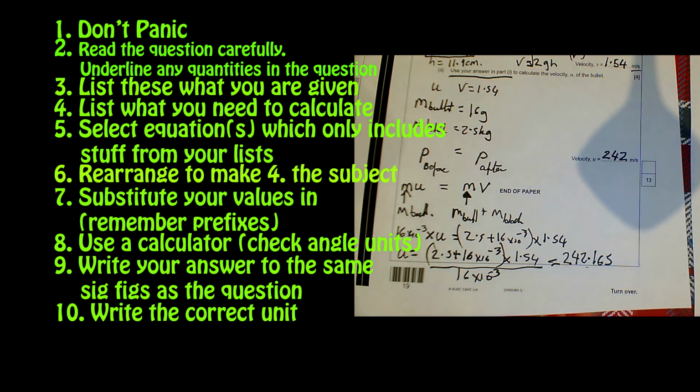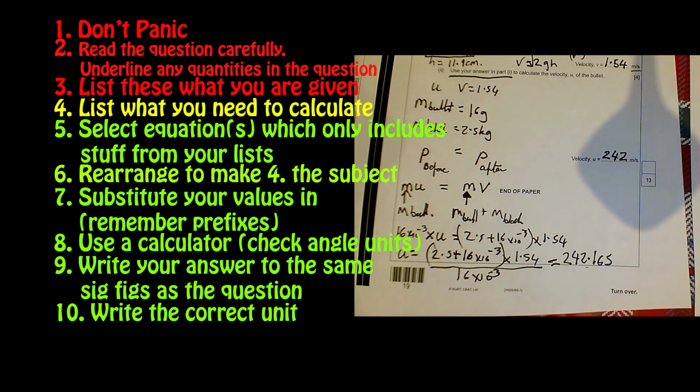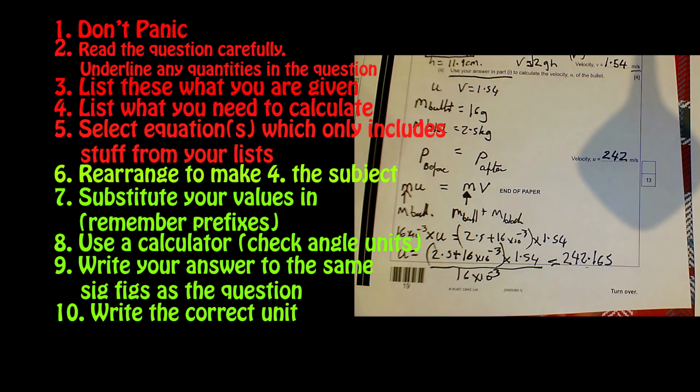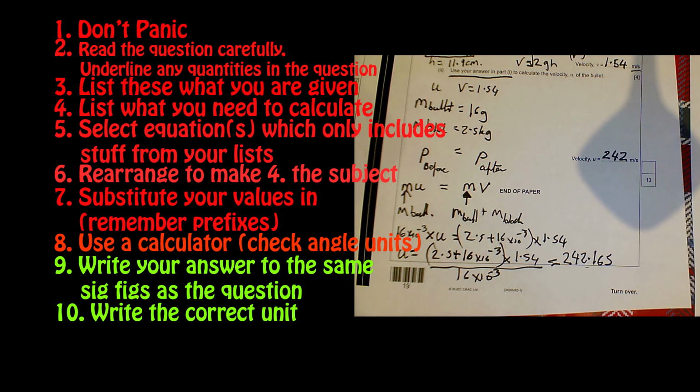Remember those 10 steps. Just to recap: number 1 is don't panic. Number 2, read the full question, underline any quantities. 3, list the quantities you are given. 4, list the quantities that you need to calculate. 5, select an equation that only has these things in it. 6, rearrange to make the thing that you want the subject. 7, substitute your numbers in, taking care of any prefixes. 8, use a calculator to do the calculation. 9, give your answer to the correct significant figures, and read the question to make sure it answers what is asked.